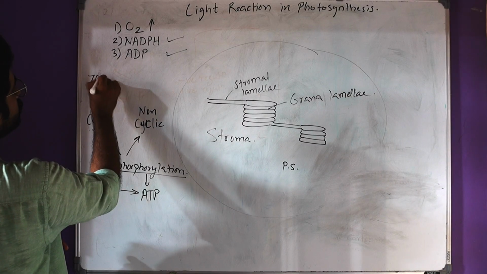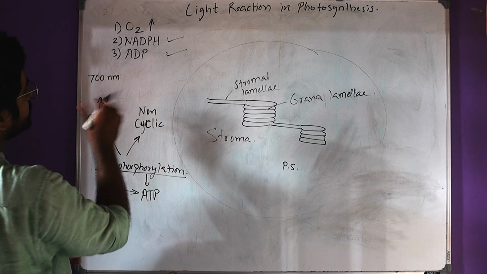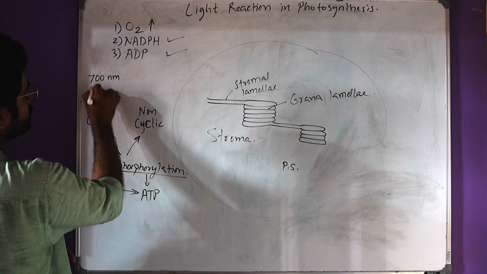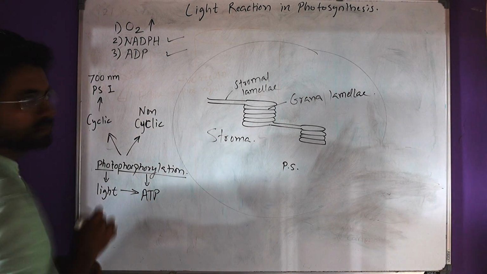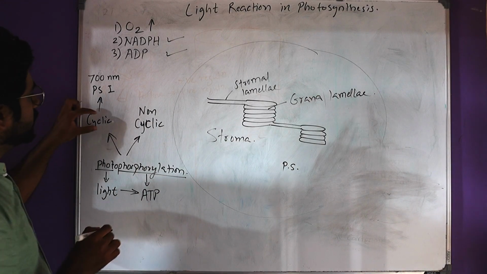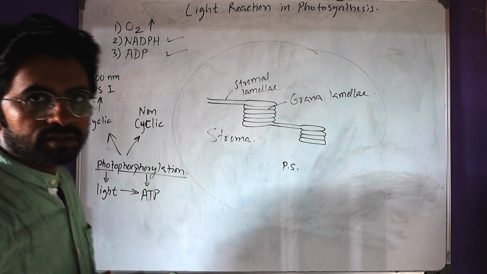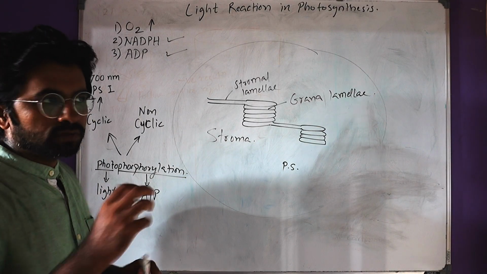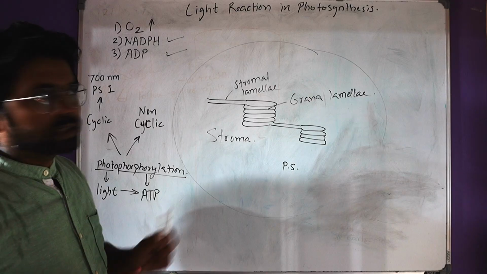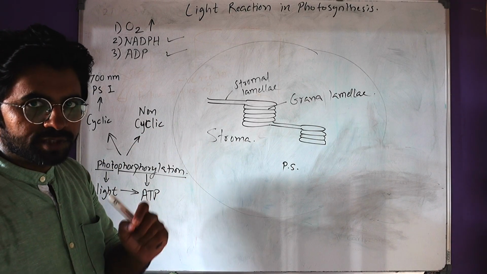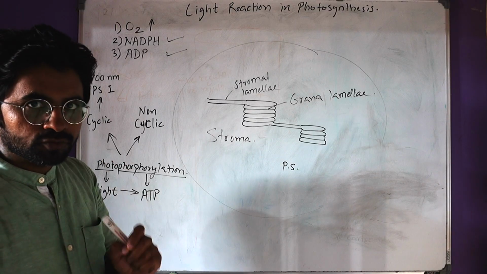So the wavelength of 700 nanometer is absorbed by PS1, photosystem 1. And in cyclic photophosphorylation this particular wavelength is used, or we can say the exceptional chlorophyll A absorbs the light at 700 nanometer in cyclic photophosphorylation.